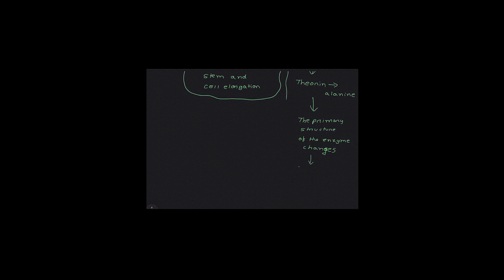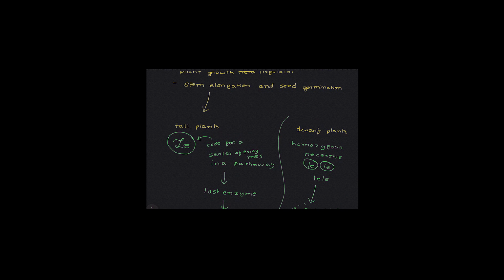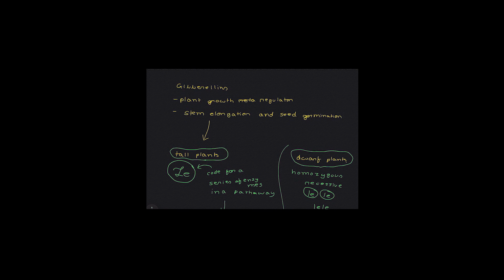So GA1 is not produced. That's about all we need to know for tall plants and short plants. That is the role of gibberellin in stem elongation.